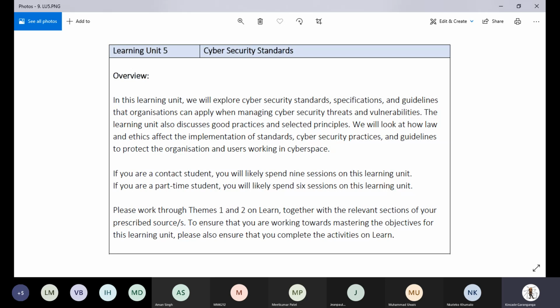So these are just some of the basic principles and practices that are used, not just from an enterprise perspective, but within your own personal environments as well, just to try and safeguard against unauthorized access.